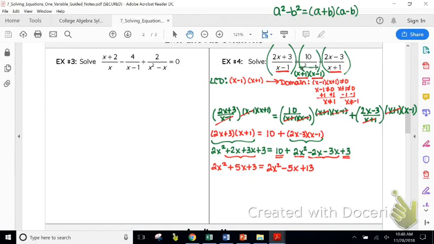Now what do we do? Yeah, get everything on one side. Set it equal to 0, right? Because we have x squared and x. So I'm going to subtract this 2x squared. Add the 5x. And subtract the 13.